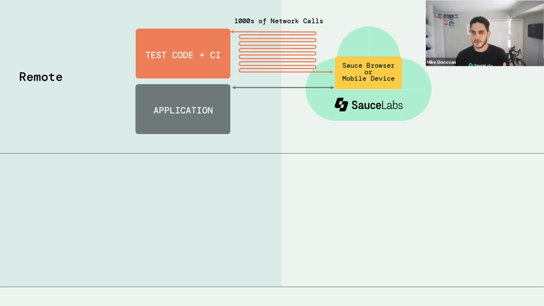Every time those test scripts are run, they're generating what are called commands, WebDriver commands, that are then interacting with the browser or the real device or the emulator and simulator. And each of those commands, like get text element or click this button or scroll this page, those generate network calls. And the farther you are away from the browser, like physically farther away from the browser or the device, introduces longer latency and instability because of the instability of a network.